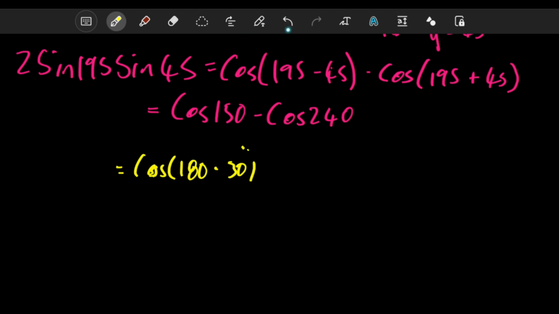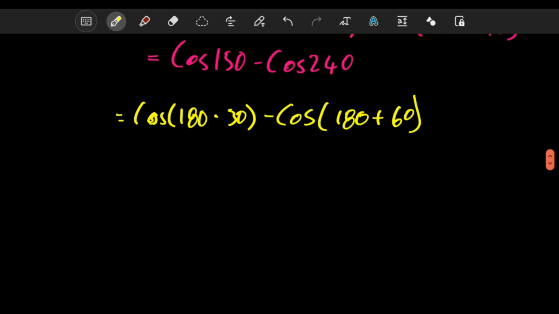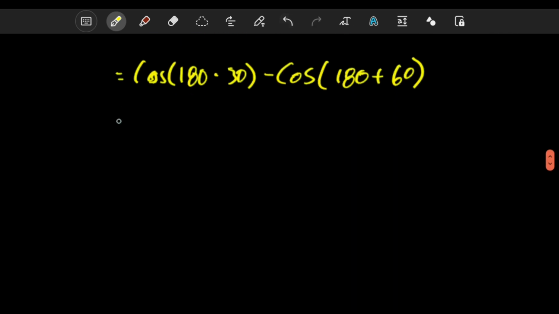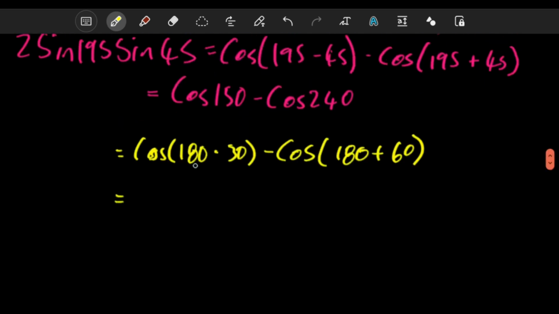And then the other one you can put cos 180 plus 60.